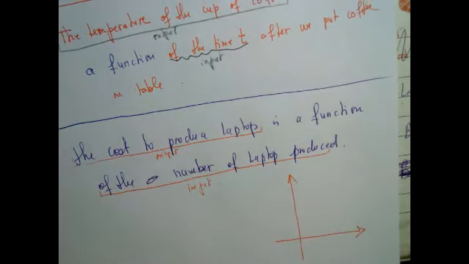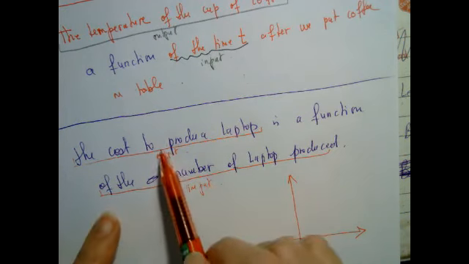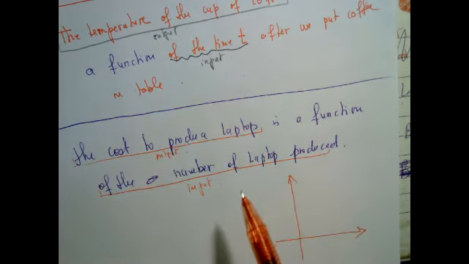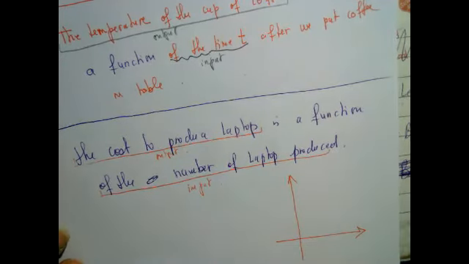So instead of telling you, let F be the function that assigns to the number of laptops the cost, they say the cost is a function of the number of laptops. That's a different way of writing the function that you will encounter a lot, so we definitely have to understand it.